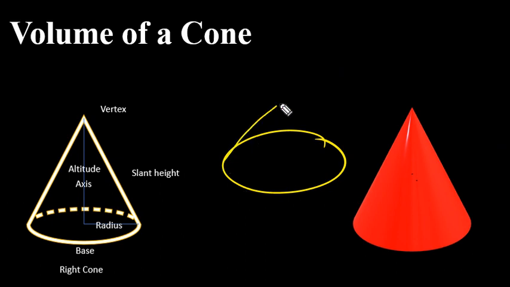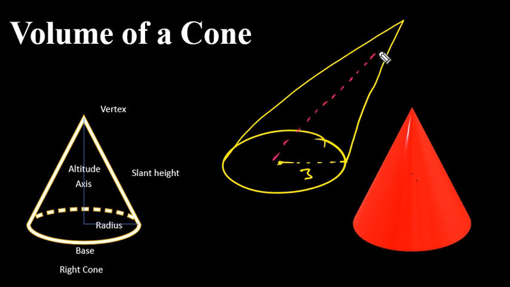If the cone is an oblique cone, that means the altitude and axis are not the same. In this case, if the radius is again 3, then the height will not be like this. If you take this as the height of the cone, no. The height of the cone will be like this, from the base.